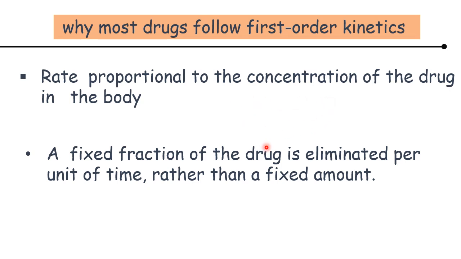The elimination of acetaminophen from the body follows first order. This means that the rate at which the drug is eliminated is proportional to the concentration of the acetaminophen in the body.